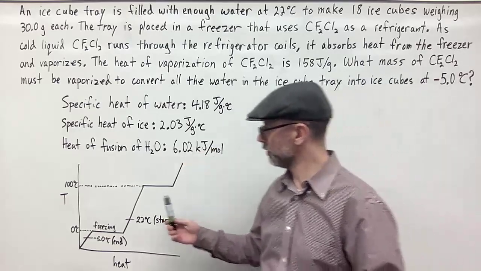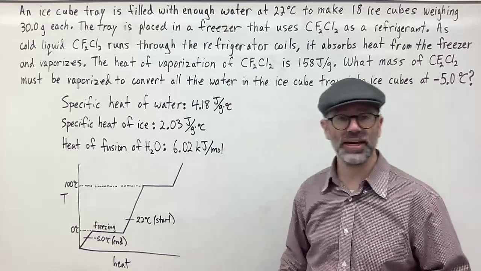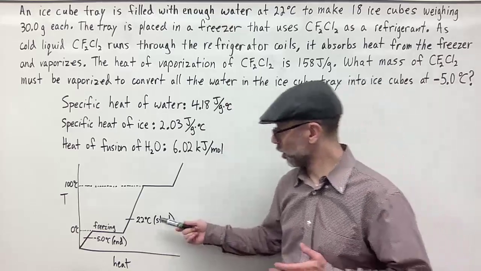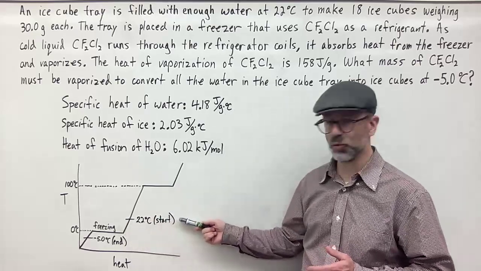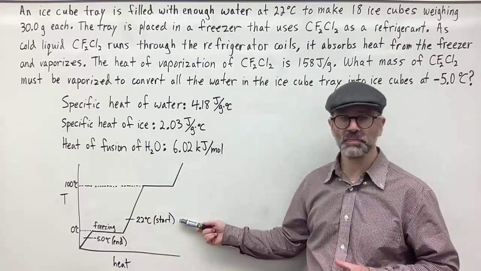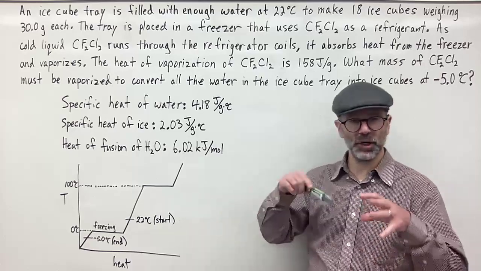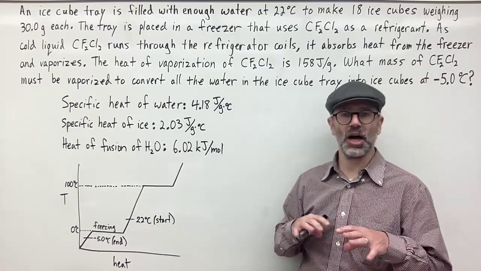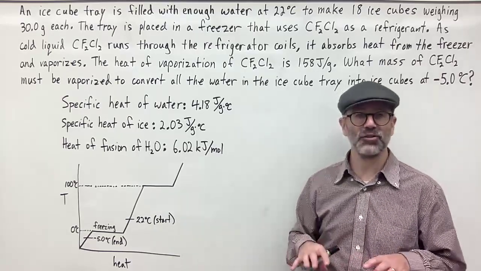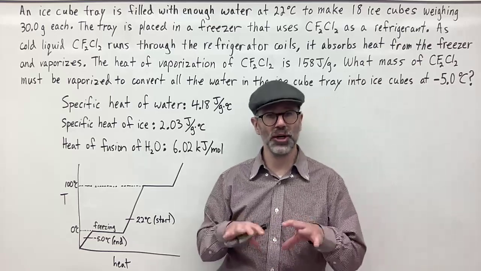Also, I have a heating curve here that kind of represents what's going on in the problem. So we're starting with water at 22 degrees Celsius, and we're going to cool down the water. So I fill up the ice tray. It's enough water to make 18 ice cubes, and there's 30 grams each.